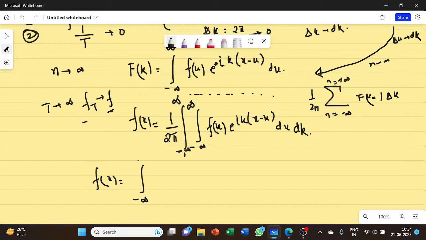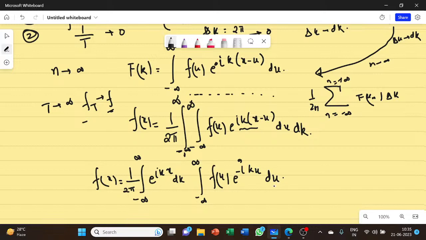F of x can be written as the integral from minus infinity to plus infinity of 1 upon 2 pi, e to the power iota kx, separating it out, dk, and then the integral from minus infinity to plus infinity of f of u, e to the power minus iota k u, du. This particular term I'm replacing by either f tilde k or g of k.